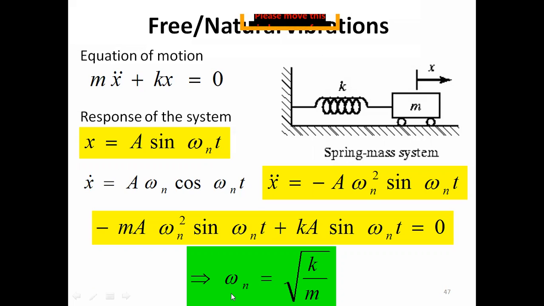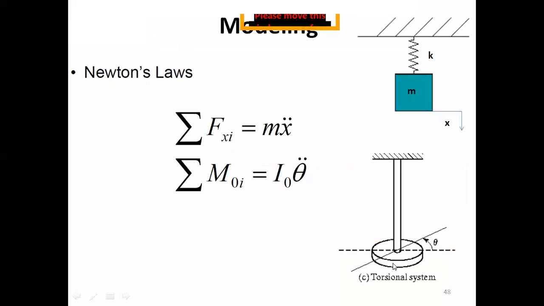We call it the fundamental frequency. A single degree of freedom system has one frequency, a two degree of freedom system has two natural frequencies, and a three degree of freedom system has three natural frequencies. So this is the mathematical model by which we could find the fundamental frequency of the system.